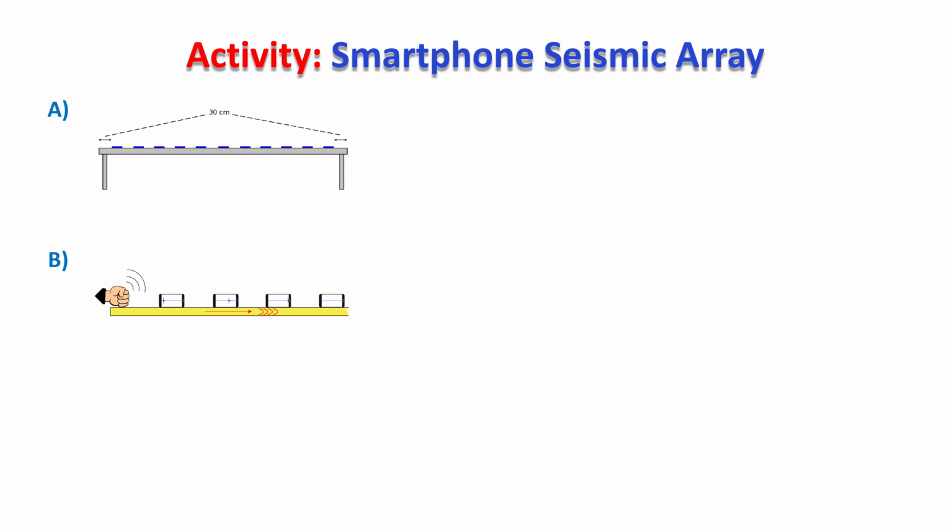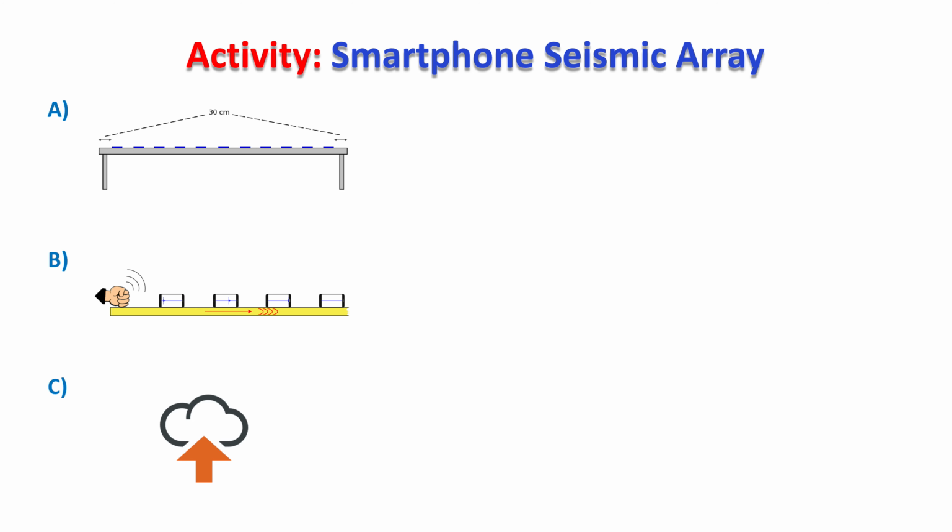So the closest phone to the pounding point would pick up the signal first, because the energy took some time to travel through the table, even though this time was really small, in the order of a few milliseconds. But then the energy would go from one point to the next. So you can see here the signal is arriving later and later as you go further away from the source.